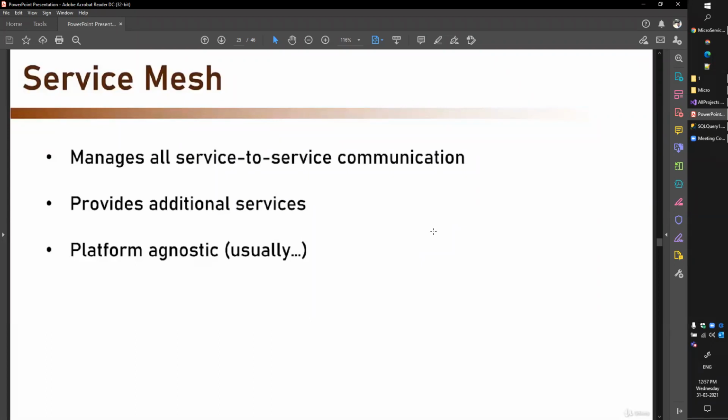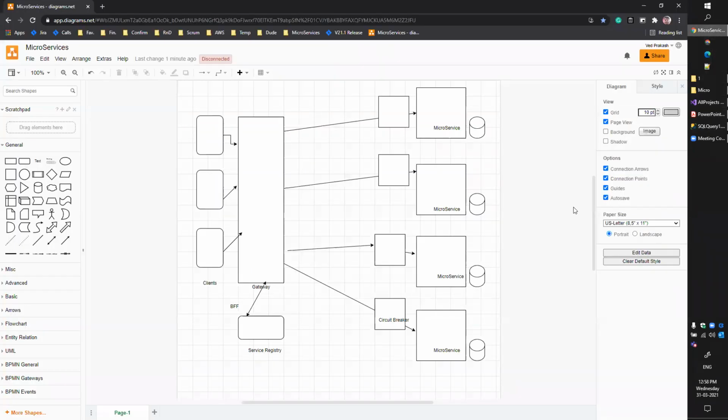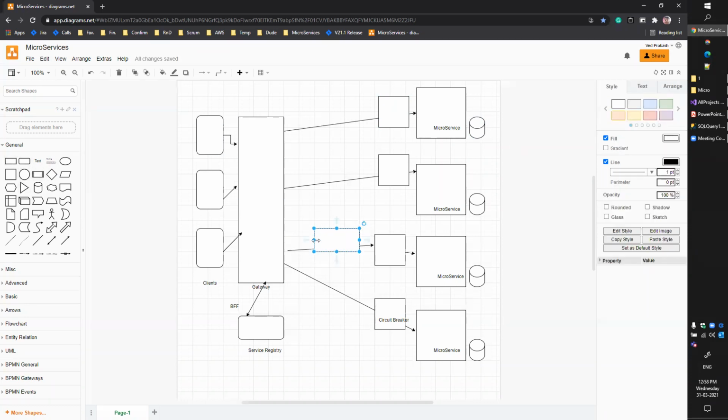We discussed that it is of two kinds: sidecar or in-process. It can either sit inside the microservice box or side by side. So if I go to the picture again and try to draw the service mesh, it should be something like this if it is inside the microservice.